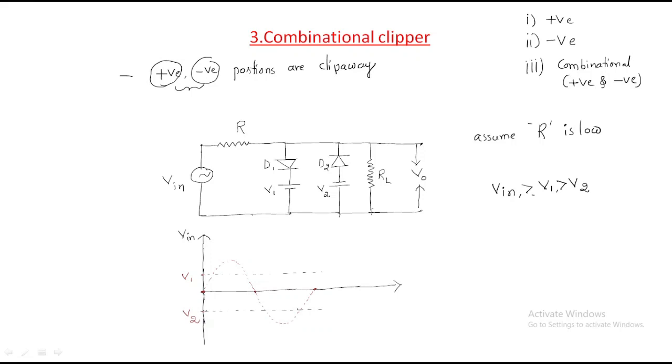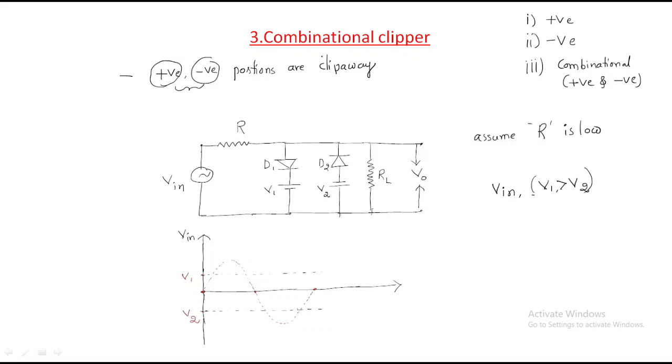Look here, V2 is a negative value, V1 is a positive value, and the input voltage varies between them. We will discuss each and every case, and how this combinational clipper works as a clipper.